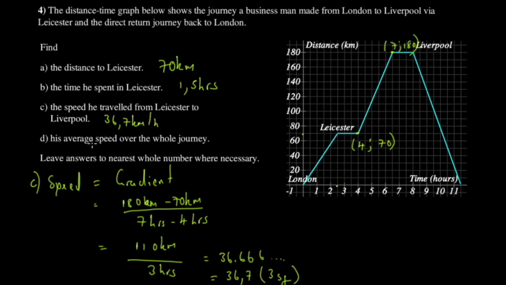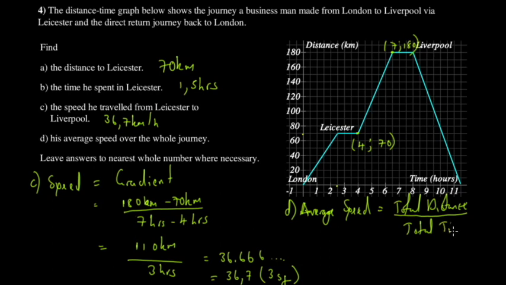Now you're asked to find the average speed for the whole journey. We had done this already. Average speed is equal to total distance, or total distance traveled, divided by total time. You're just concerned about the total distance traveled.